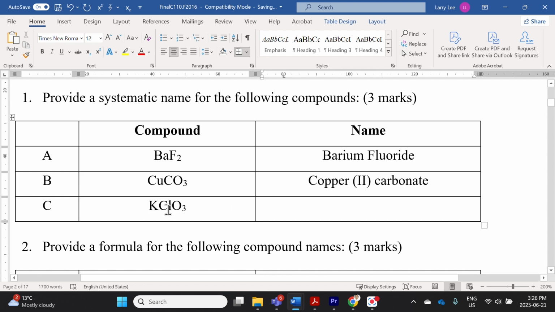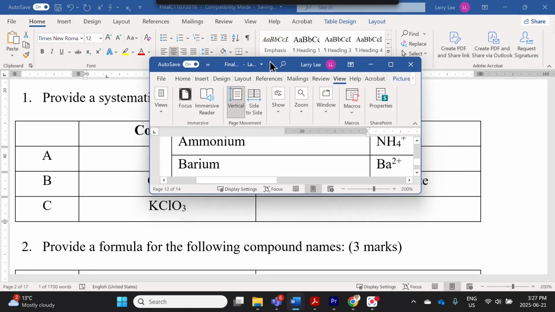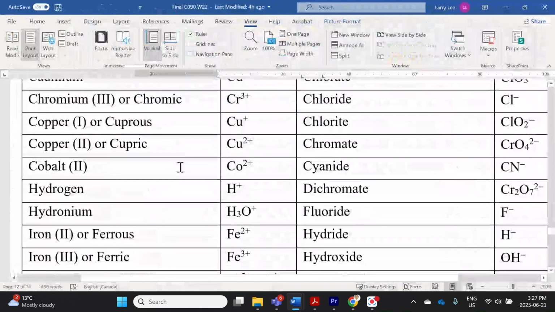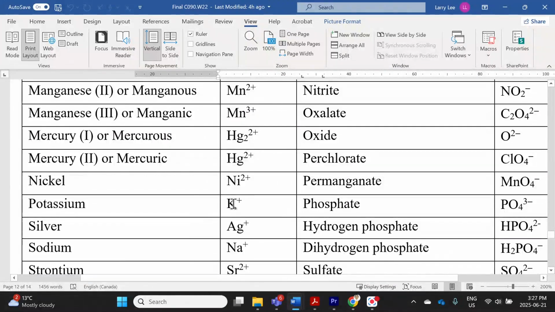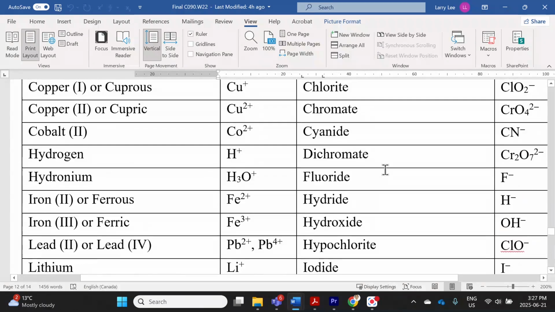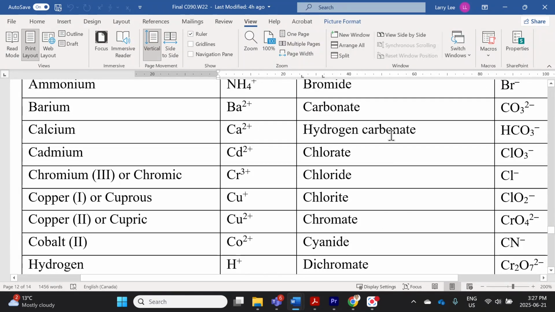The last one, again, if you don't know this potassium, we'll go to the common ion table. You need to always refer to this data table, and we look for K plus is potassium, and ClO3. Whenever you have oxygen bound to another element, you just gotta peruse the table and look for it.